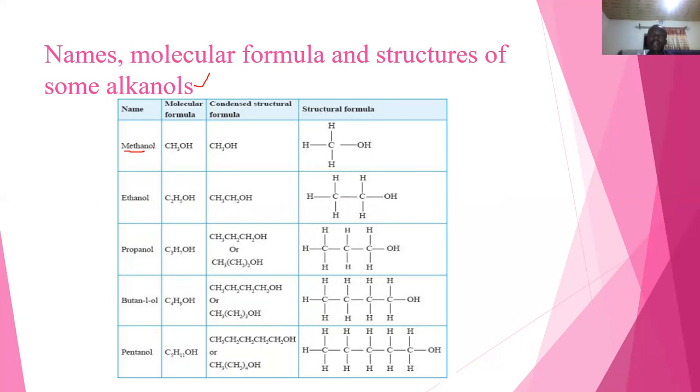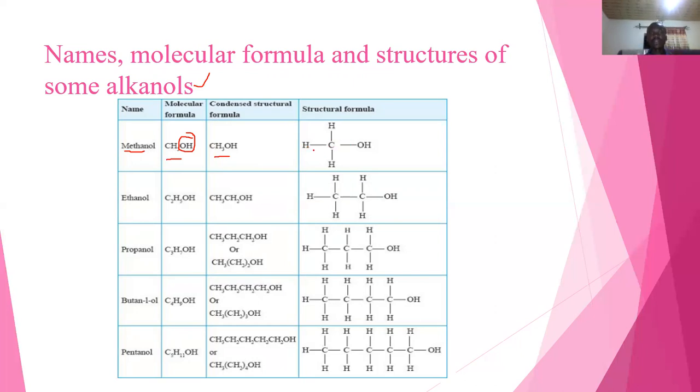One hydrogen has been replaced by the hydroxyl group, and that gives you the molecular formula. When you are drawing the structural formula, it will look like this, because carbon must have 4 covalent bonds.